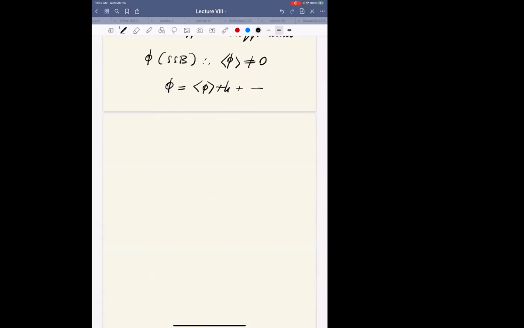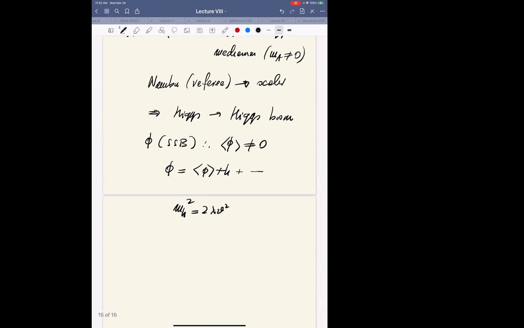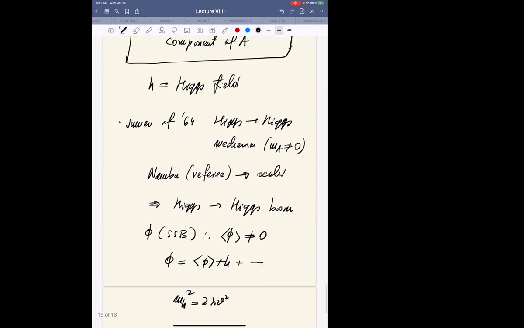There will be an imaginary component, with mh given by 2 lambda v squared. This is the Higgs particle. Higgs notices this, encouraged. He sends another version that makes history and he gets a Nobel Prize. This is how the world interpreted it.